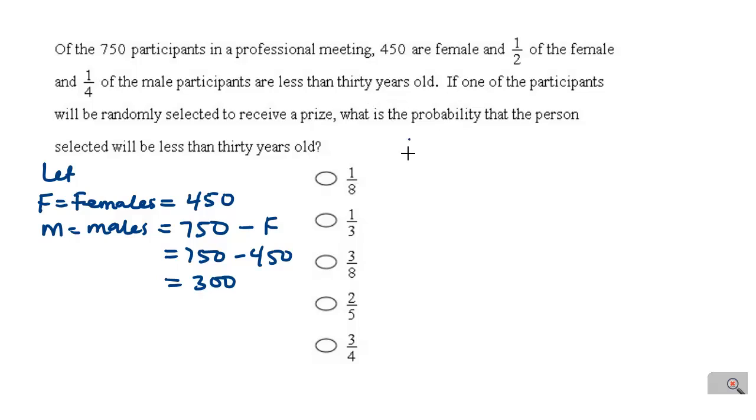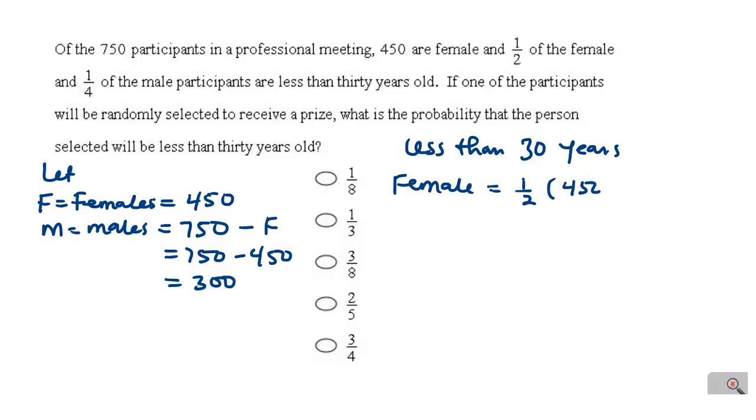So for the females, those that are less than 30 years will be 1/2 of the total number of females, that is 450.